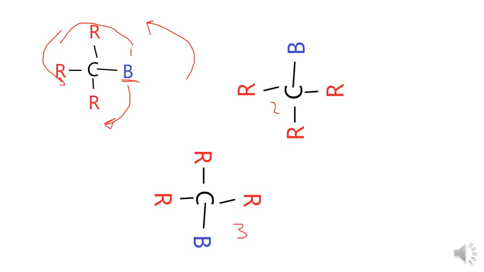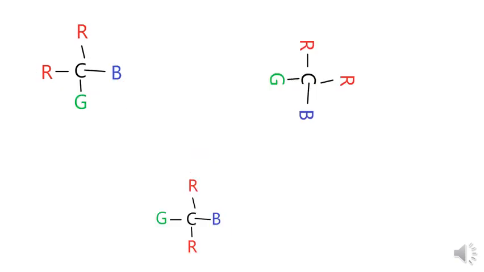So if you can move the structure in the plane, in a two-dimensional structure, without having to physically break a bond or do anything else to it, then you've got the same structures. All right, next thing. Let's now replace one of the reds with a green.